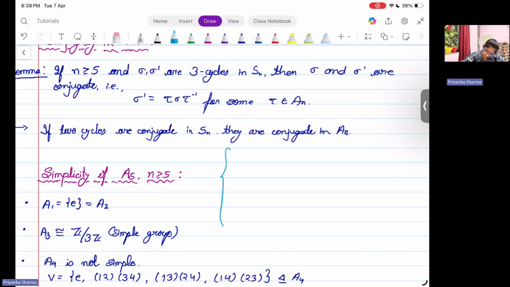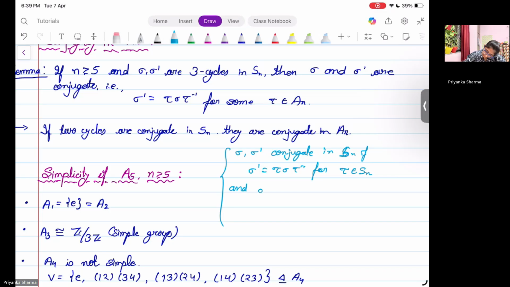I want to explain this simply. Sigma and sigma dash are conjugate in Sn if sigma dash can be written as tau sigma tau inverse for some tau belonging to Sn.